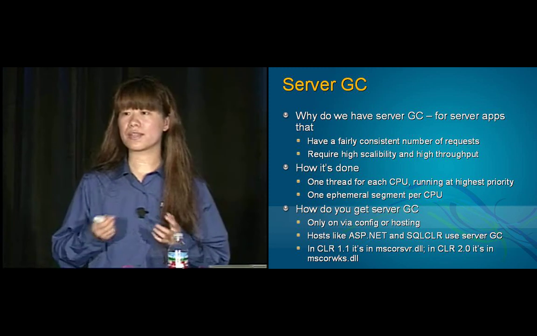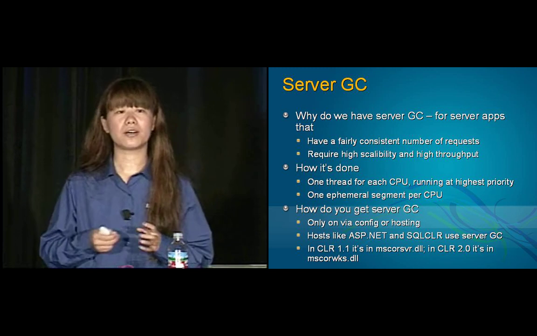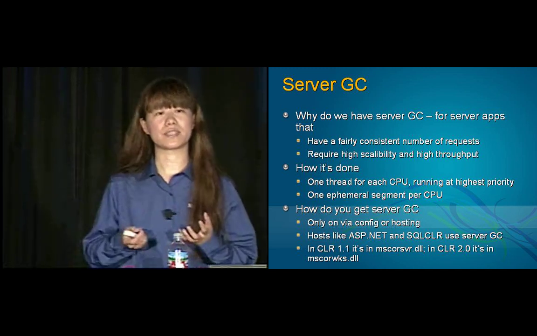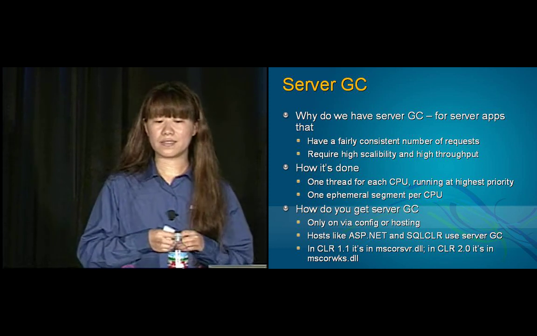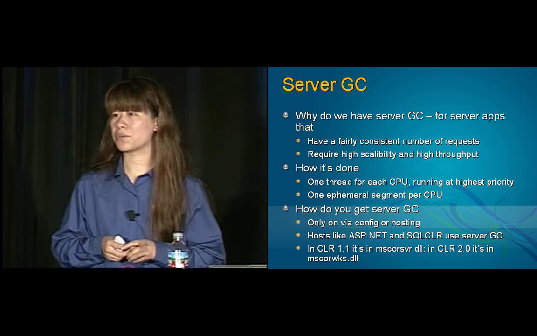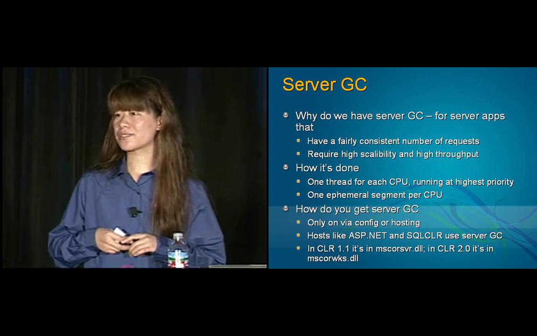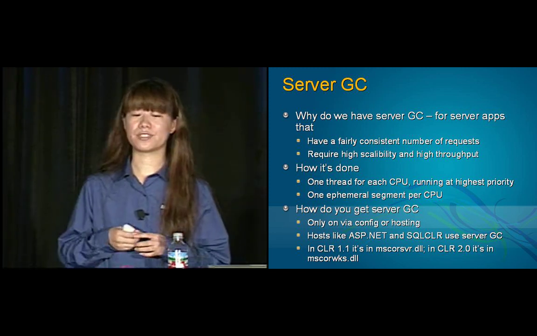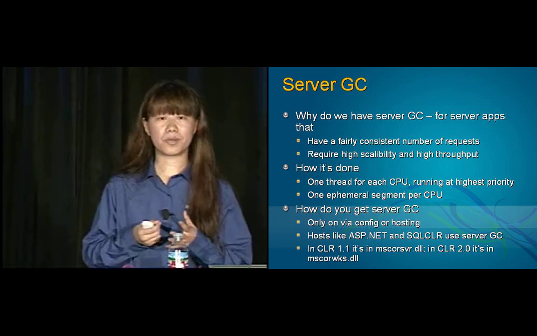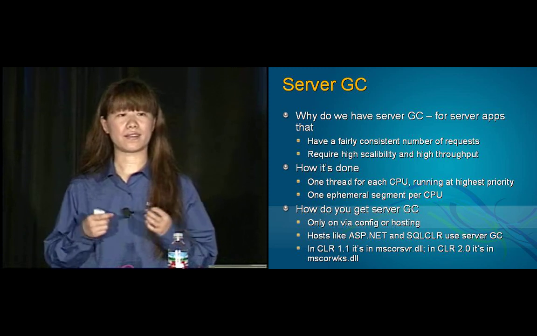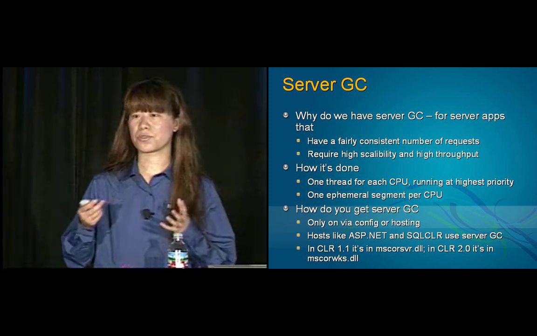And if you're running in a hosted environment like ASP.NET and SQL CLR, they also already configure server GC for you, so you get server GC in that case. And as you noticed, in CLR 1.1, we have a separate copy of mscorwks, which is called mscorsvr.dll, and that's where server GC lives. In 2.0, we actually combined these, and they're now both in mscorwks.dll. So there's no mscorsvr anymore.